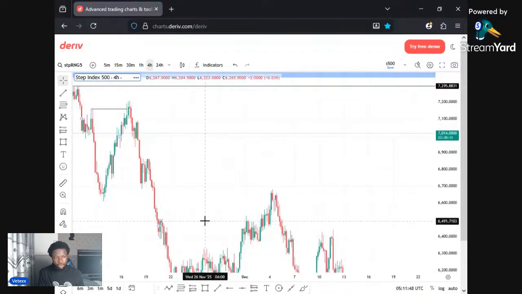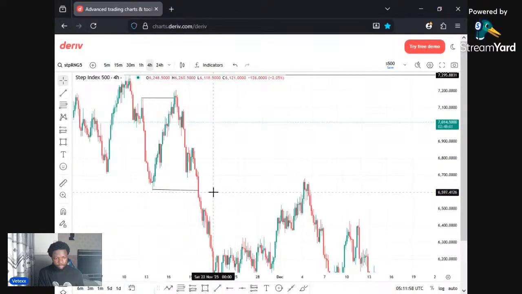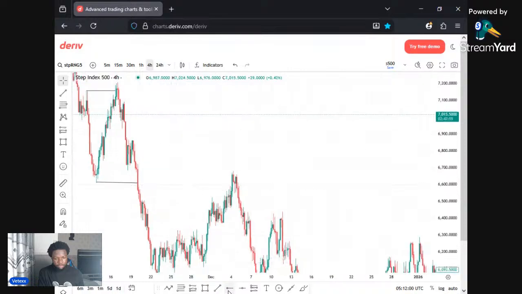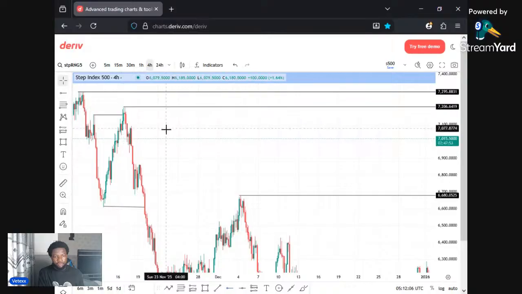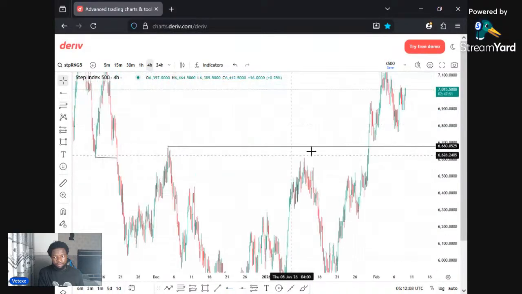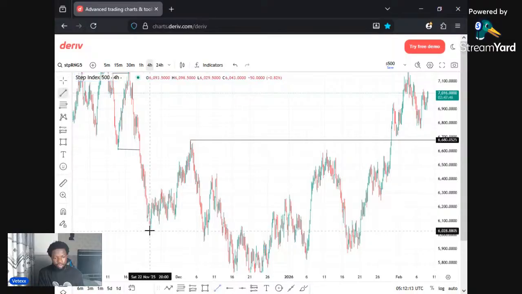Okay, we have our first break of structure here, which is on the 4 hour. We have what here, structural liquidity, and this becomes our protected high. Now this is our second break of structure, which is here.